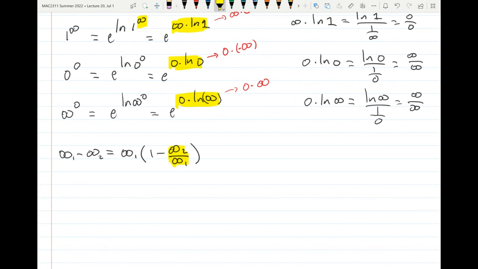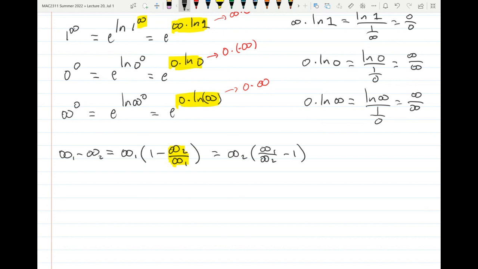You will solve that one, and then once you solve that one, you see what you get. If this happens to be 1, then it will be a 0 times infinity, so you will need to do something else, right? Another trick. Or you could factor the infinity 2 first, and then you will get this. And then again, you repeat the same process.